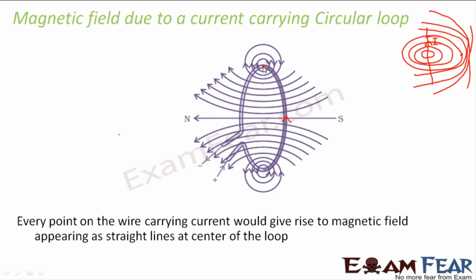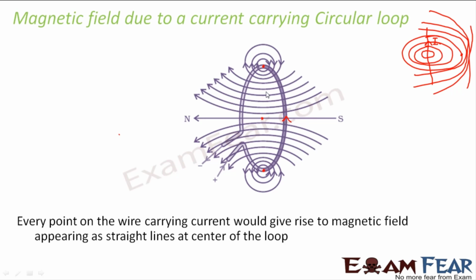So if this is your point, for the nearer points it will be concentric circles. As you go away, finally towards the center of this circular loop, you will get a straight line. Similarly, for any other point on this conductor, it is not only about these two points. Any point on this circular loop will behave in a similar manner. So what would be the net result?